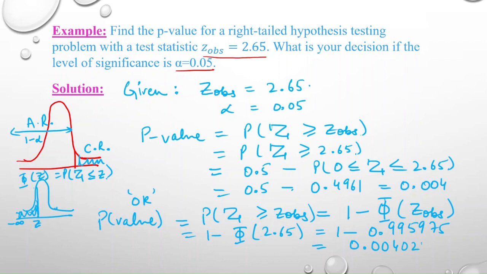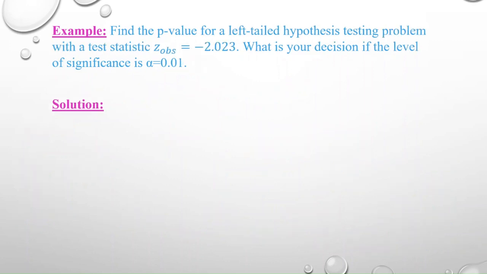So that's 0.004. So the answer is the same. There is no difference. Now let us consider another one where we have to find the p-value for the left-tailed hypothesis testing problem, with the test statistic given to us as minus 2.023.